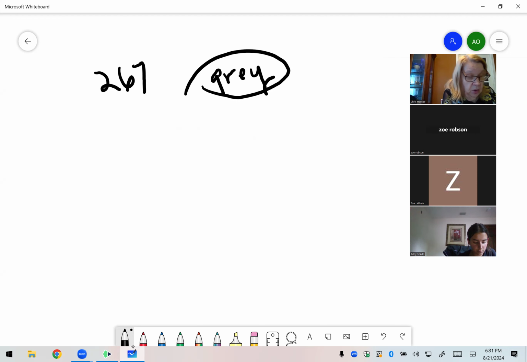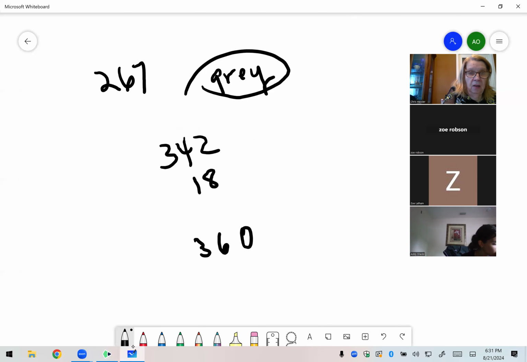A quality control researcher at an electronics company is testing the life of the company's batteries. The researcher selects 100 batteries at random from the daily output of the batteries and finds the life of the batteries has 342 with an associated margin of error. So I'm going to add it and then subtract it. So it's going to be between 342 and 360.